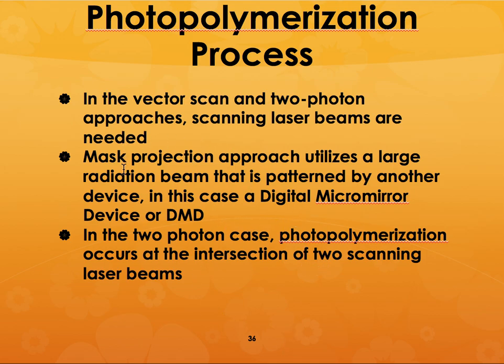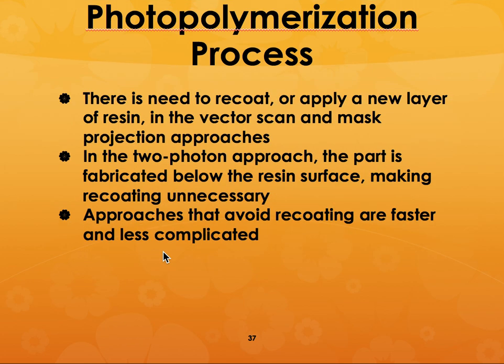In the case of the mass projection, you are using what is called a digital micro mirror device. In the case of the two photon approach, you have two scanning laser beams, and they intersect with each other in order to get the maximum radiation power. In the case of the vector scan and mass projection, there is sometimes the need to recoat or apply a new layer of resin.